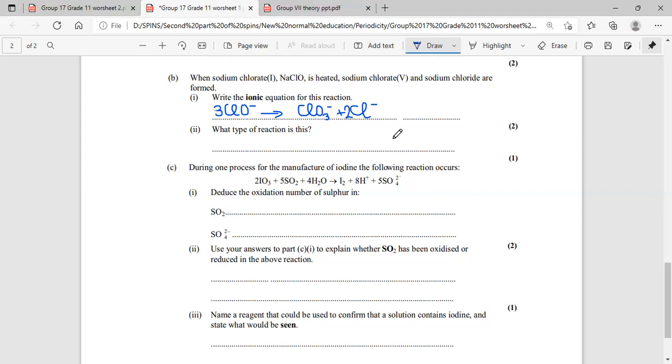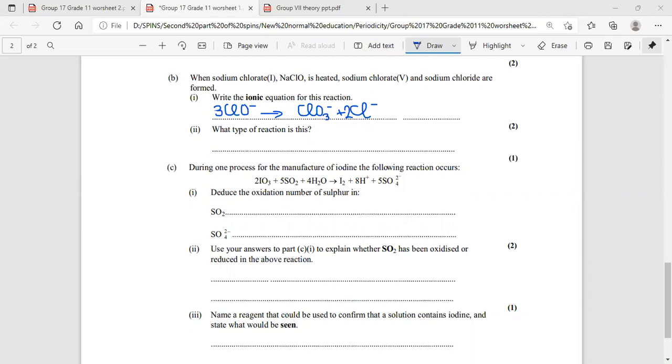What is the type of reaction is this? The type of reaction, can anyone tell? Maybe Jolene? Hello, Jolene? Yes, teacher. Jolene, what reaction is this?